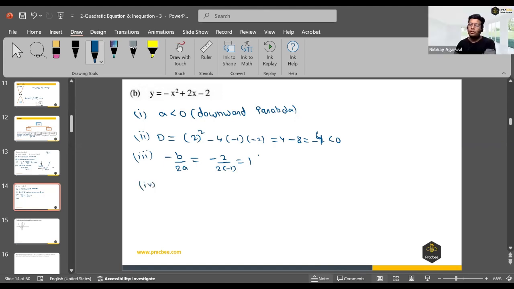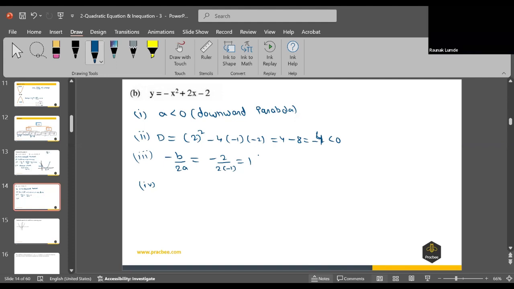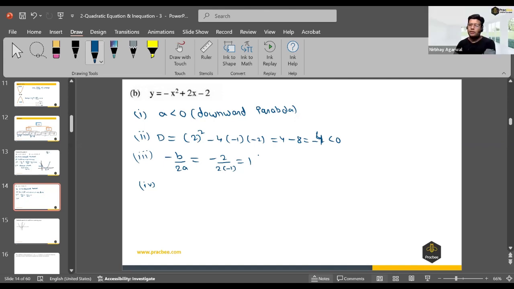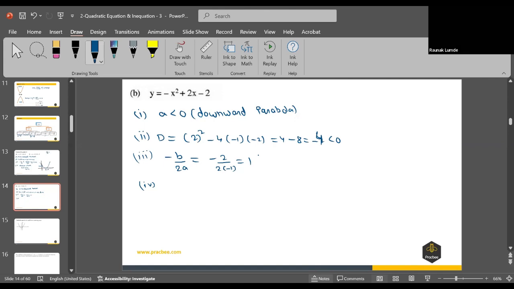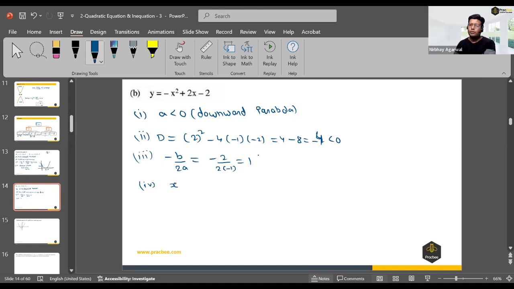Not below the x-axis. It is on the right side of the y-axis. Sorry, I got confused. If it were -1, then it would be on the left side of the y-axis. Fourth, put x equal to 0.